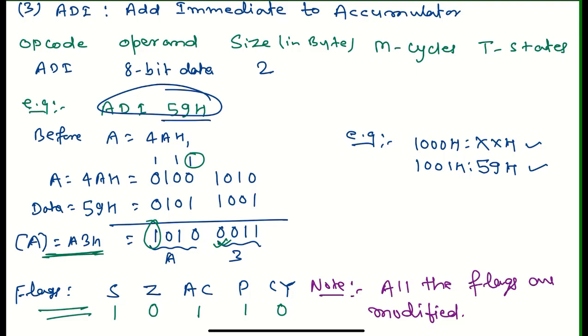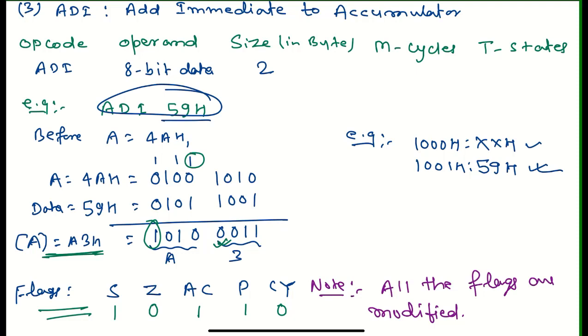Now we will talk about the machine cycles. By default, for any instruction, the first machine cycle will be opcode fetch, and the second machine cycle will be reading the operand as data from the memory. So for execution of this instruction, the microprocessor is accessing the memory chip two times.